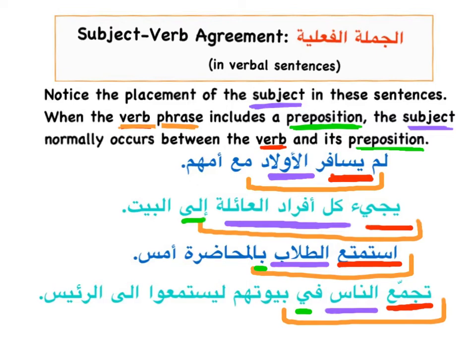We have يجيء إلى, استمتع ب, تجمع في. Actually يسافر مع also. So as you can see, the subject comes between the verb and its preposition. Notice how the verbs يسافر, يجيء, استمتع, تجمع are all in the singular form, even though the subjects after them are all plural.